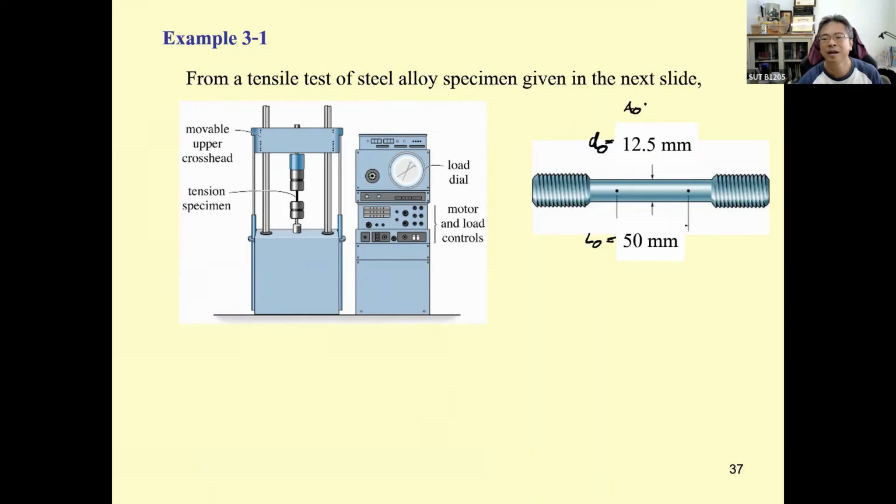Then this will be determined: the area is pi d sub o squared over 4, the stress is the force divided by the original area, and the strain is the deformation divided by L sub o.